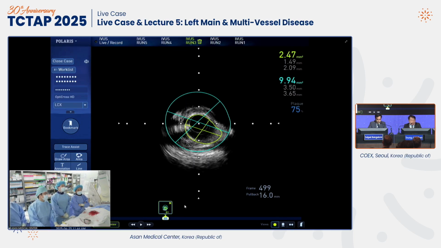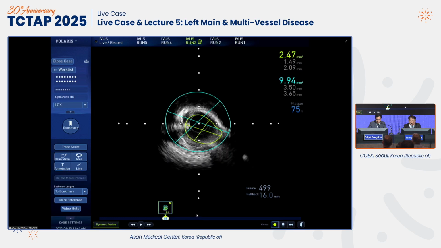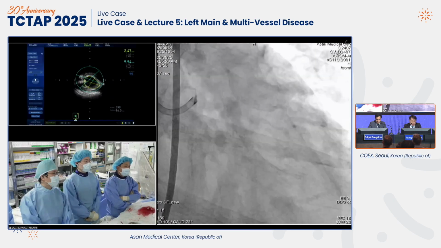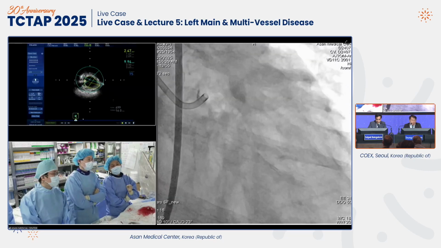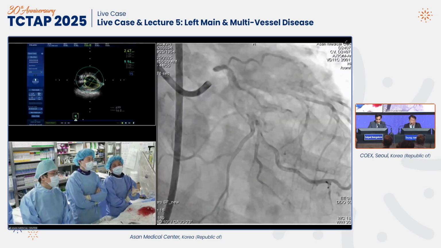Very discrete narrowing, right? Yeah, discrete narrowing at the circumflex ostial part, relatively 3.0, 3.5. Actually, we retrospectively evaluated the IVUS pullback of the circumflex and the outcome after the crossover.